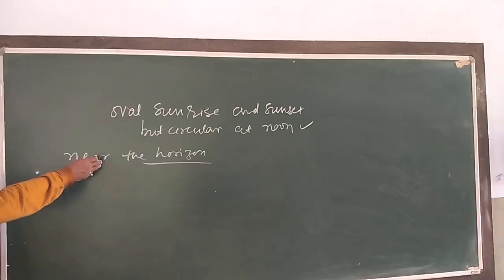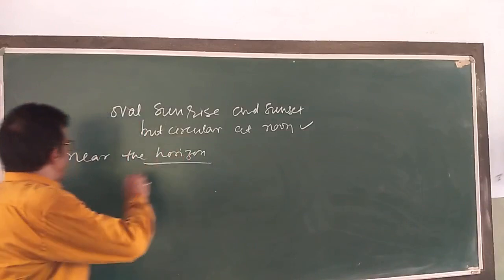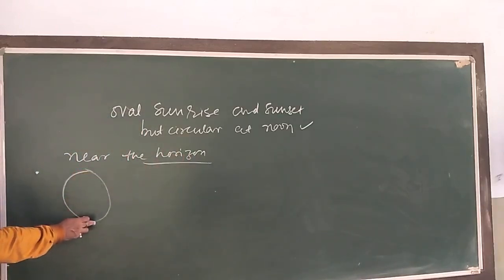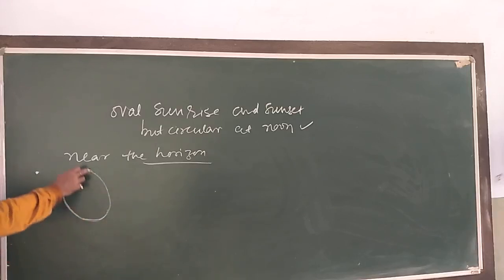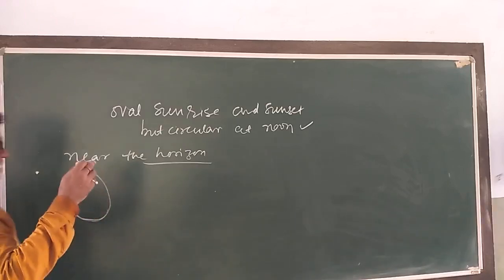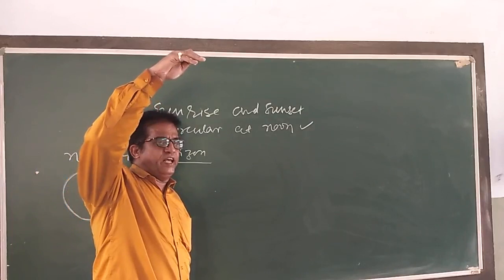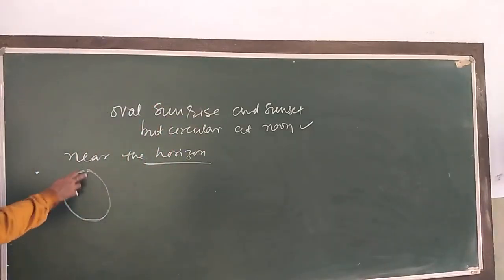The rays of light coming from the upper part and the lower part of the periphery of the sun bend unequally on traveling through the earth's atmosphere.